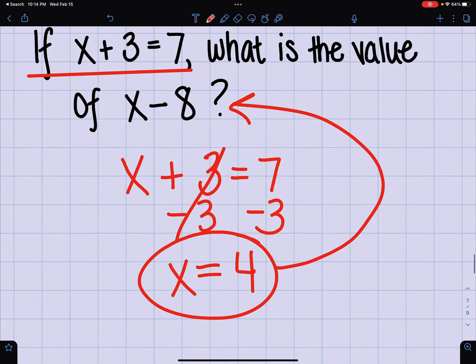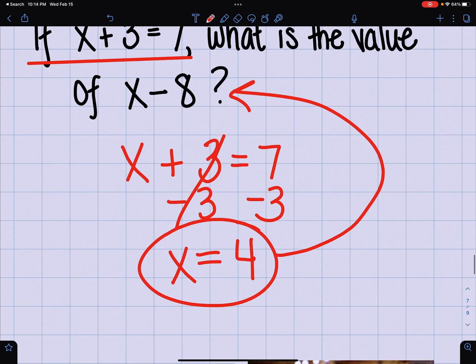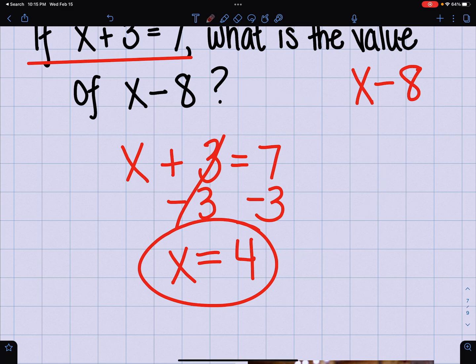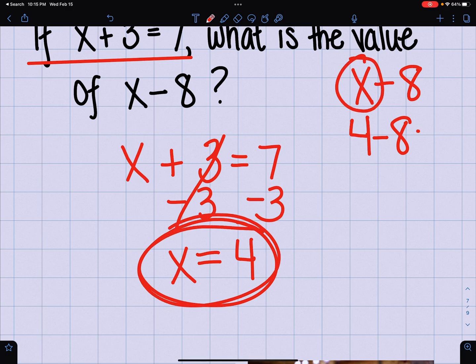So now we use 4 to figure out the value of x minus 8. So instead of x minus 8, we put in a substitution, and it's going to be 4 minus 8, because that's what we figured x was. 4 minus 8 is negative 4. So the answer is negative 4.